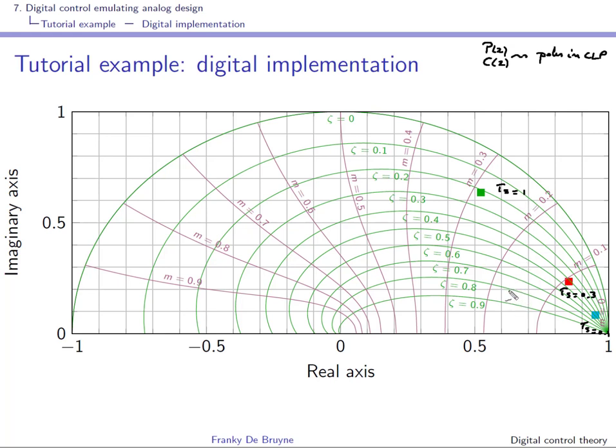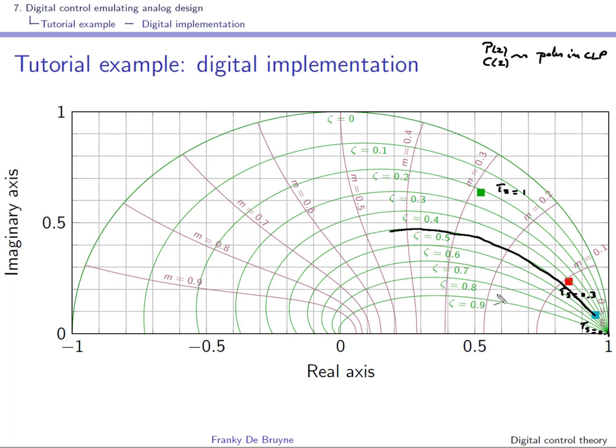Remember that we had imposed a zeta of 0.5, so we should be on this curve over here, and this is not the case clearly. Here we see that we are closer to zeta equal to 0.2, so the damping is not as good as expected.